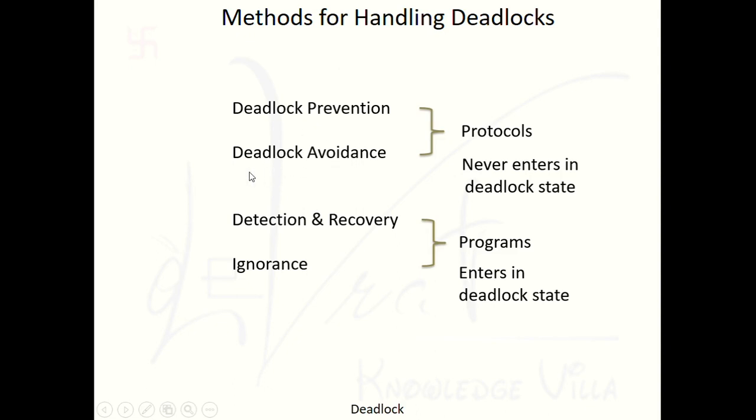The second thing is deadlock avoidance. After getting one or two cases, some countries declared a lockdown for a particular area or for the entire country. This is known as deadlock avoidance.